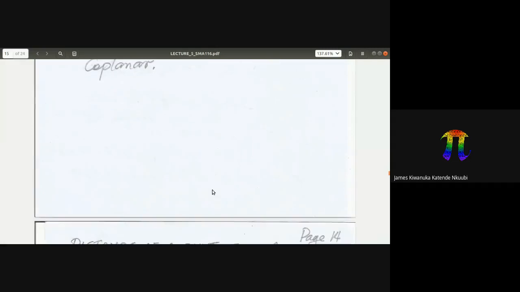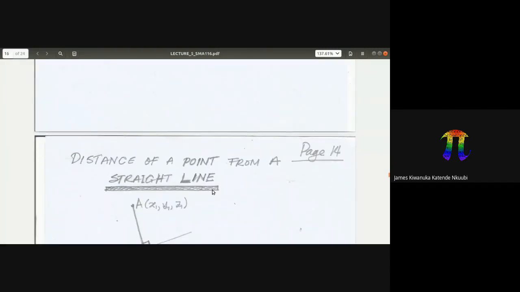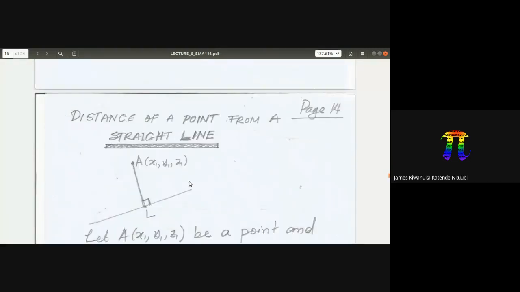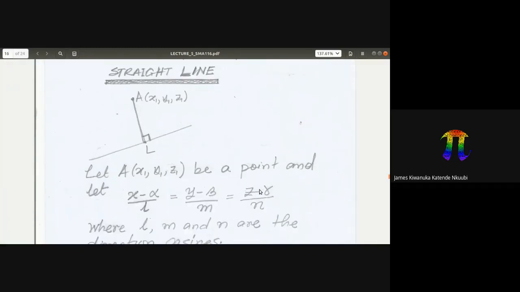Let's move on to the next. The next one says we need to find the distance of a point from a straight line. So if you have a point in space, and that is your straight line, the distance from this point to the line will simply be this projection of this point A onto the line.